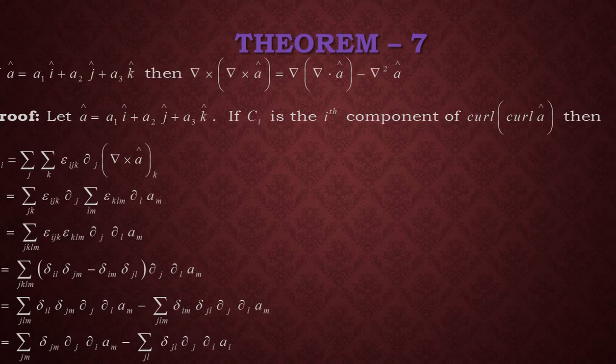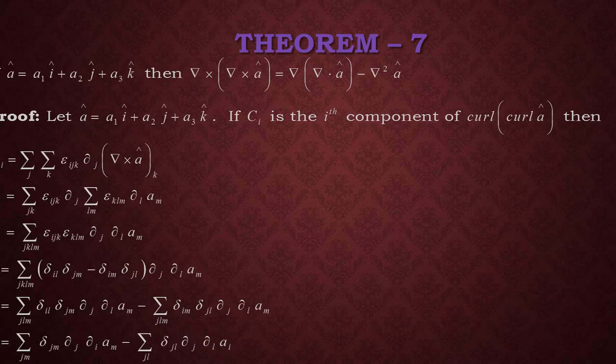So this ith component Ci of del cross of del cross A cap can be written as Ci equals summation sigma over j, summation sigma over k, epsilon ijk dou j of del cross A cap suffix k.